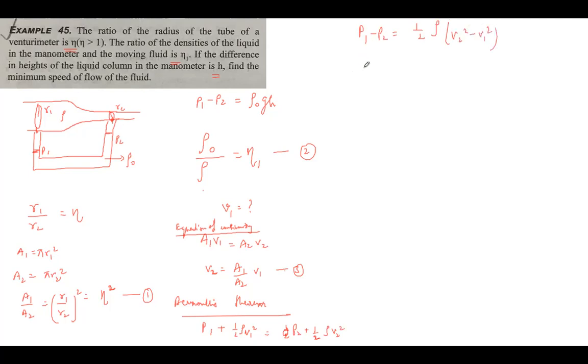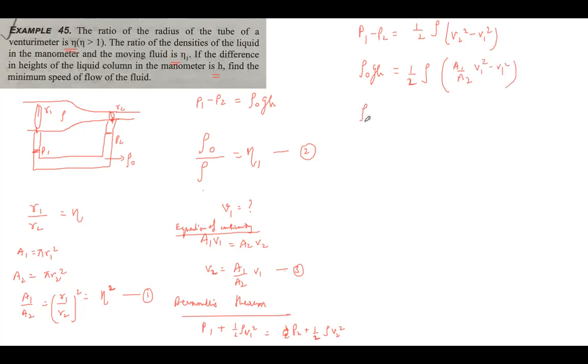P1 minus P2 is rho naught g h, equal to half rho V2 square minus V1 square. V2 is A1 by A2 V1, so A1 square by A2 square V1 square minus V1 square.